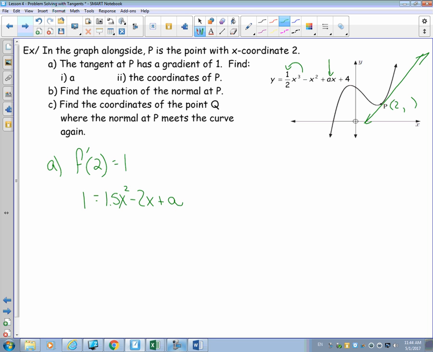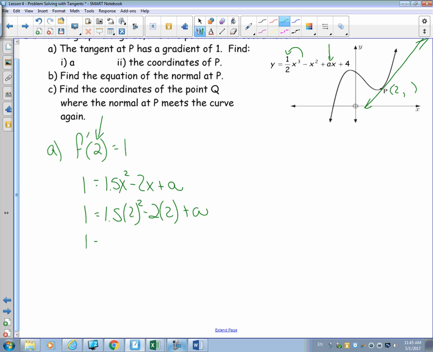Okay. I also know that this happens when x is 2. So if I put the 2 in for the x, the only thing I'm missing is a. That's kind of handy because I can solve for a now. So let's do the math here first. 6 minus 4. 1 minus 6 plus 4 is a. a is -1. Well, that was not too bad.